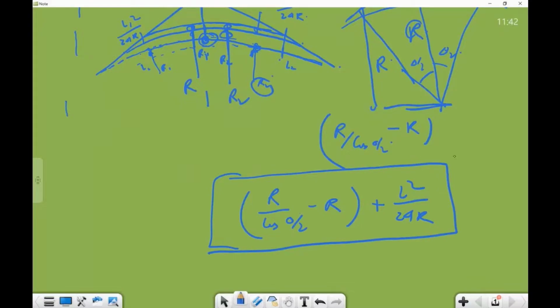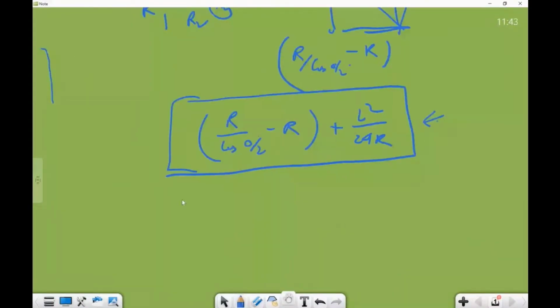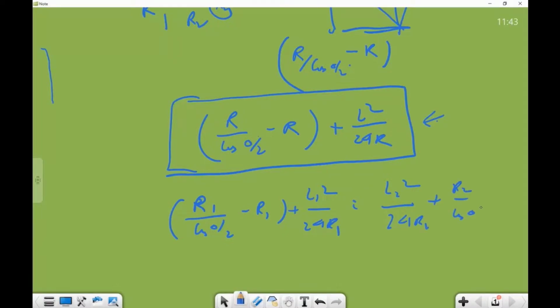Now at crown, if I want these two curves to be at the same location, एक का radius r1 है, length l1 है, and so in that case what I am going to do is, first one is r1, so this becomes delta common है, r1 cos delta by 2 minus r1 plus l1 square by 24 r1 is going to be l2 square by 24 r2 plus r2 by cos delta by 2 minus r2.